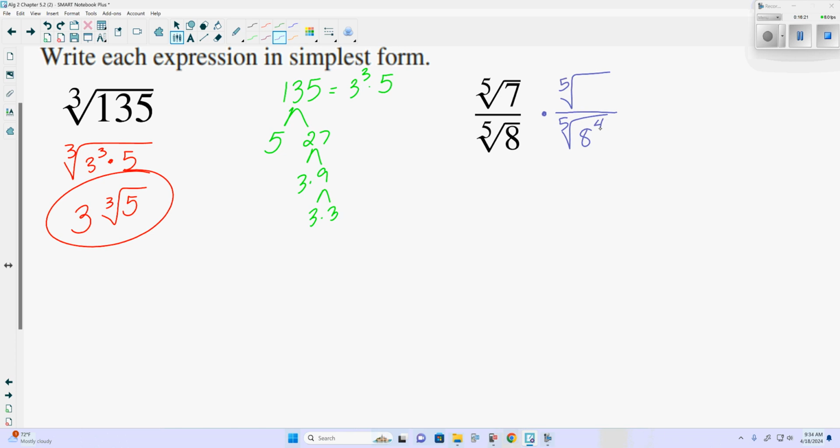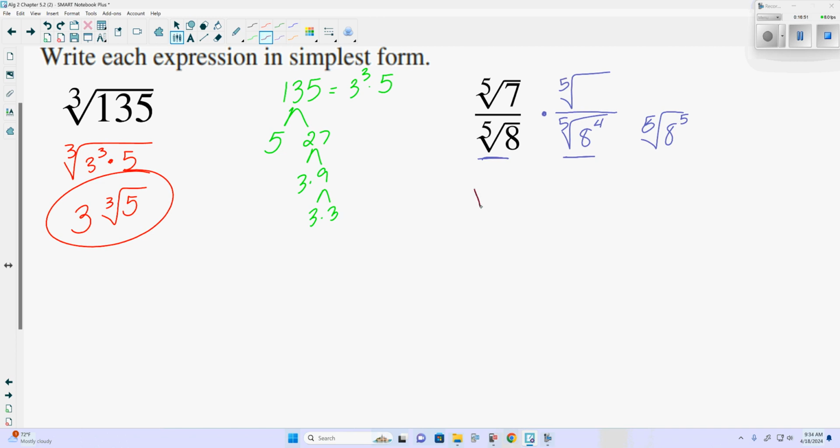I would not do this, but it is possible to do it. Because we can multiply them together, yes? The fifth root of 8 times the fifth root of 8 to the fourth would give us the fifth root of 8 to the fifth. The 5 and 5 match up and would cancel out, yes? Can we rewrite 8 as a number to a power? 2 to the third, yes?